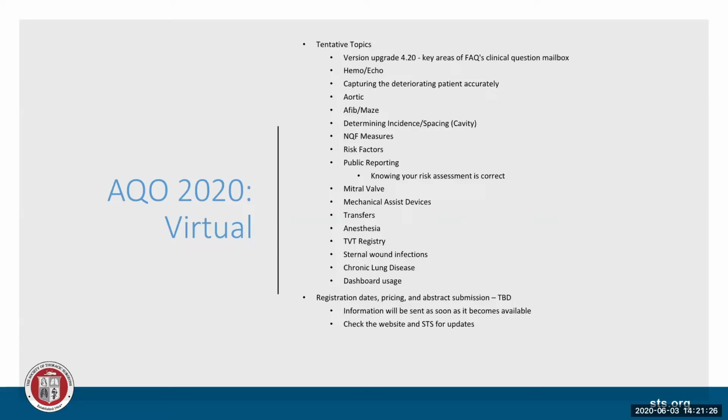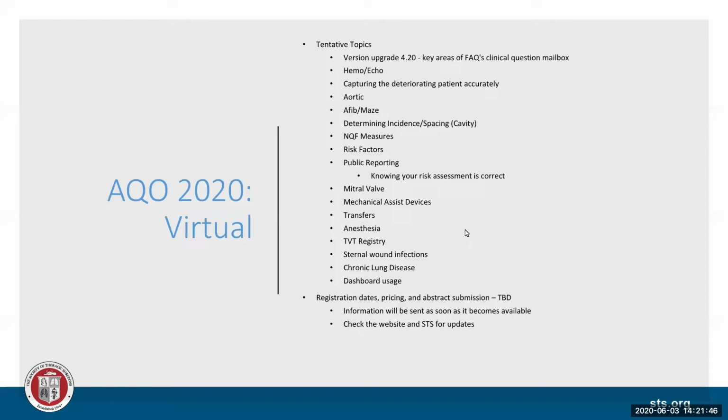There's going to be a dashboard presentation from some of our data managers on how they use it. And then also the major areas like aorta, aortic cases, mitral valve, and so on.